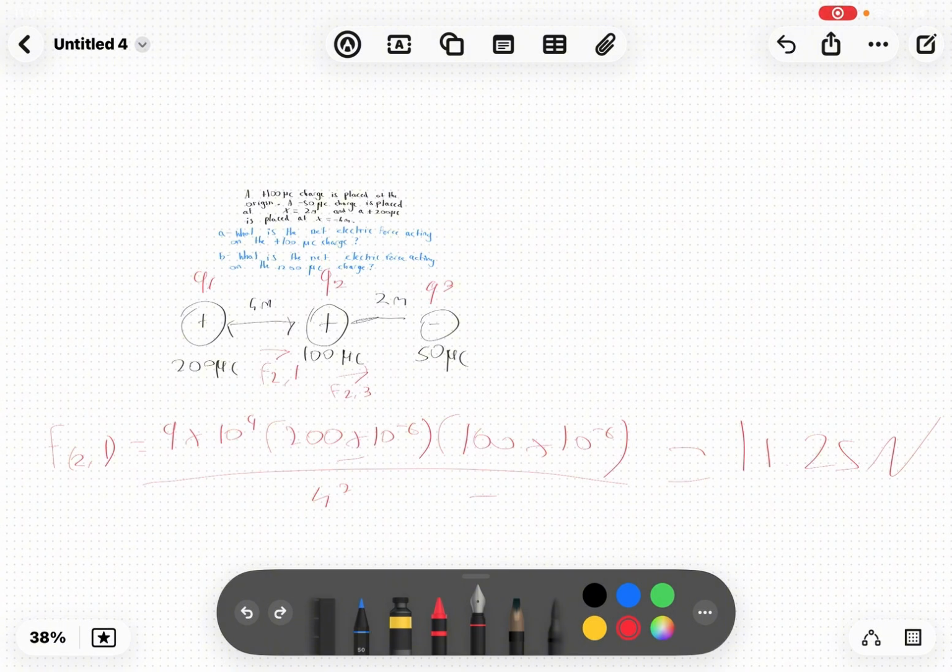Now, I would like to ask you to do the F2,3 on your own. It's basically the same thing as here. Remember, because we're looking for this one, it's not Q1 and Q2, it's going to be Q2 and Q3.